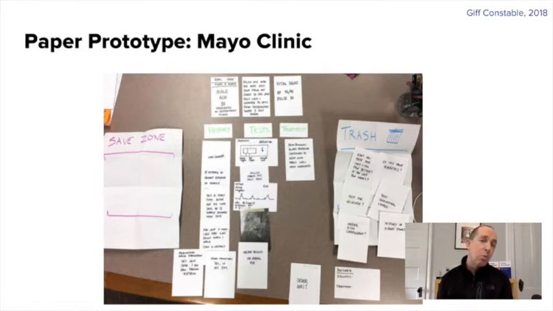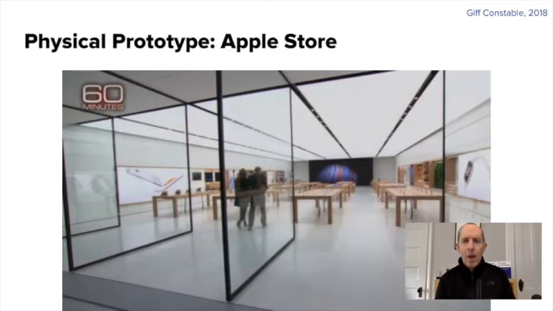Now this is testing more product, while other things will be testing your business model. Speaking of customer experience, you could also test things early on with physical prototypes, and there's lots of different ways to do it. I'll talk in a few minutes about faking it, but before Apple broke ground in any cities for their Apple Store, they built a replica of their Apple Store.